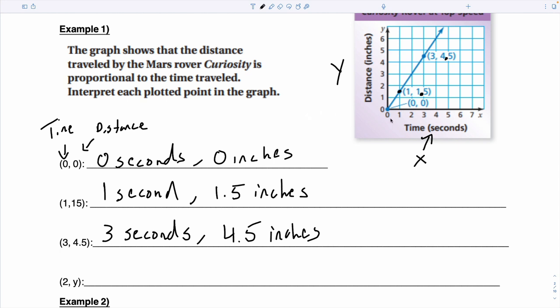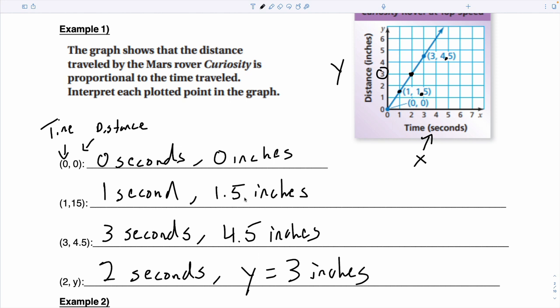Go over to 2, slide your pencil up. Where do you hit the line, Nora? At what point is y going to be across from that? It's at 3. So at 2 seconds, this thing travels 3 inches. We can say that y equals 3 inches.